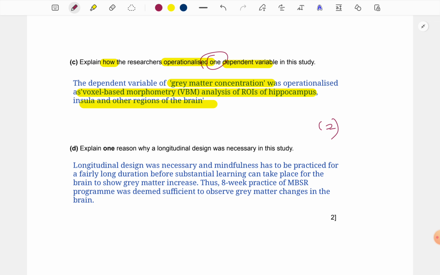But one thing I'll tell you, in the paper they can be specific as to which dependent variable they want. Like always they won't give you an option of any one dependent variable. They could tell you related to the brain or change in gray matter concentration, how was it operationalized. So because they can be very specific, you have to learn how to operationalize the brain related dependent variable also.